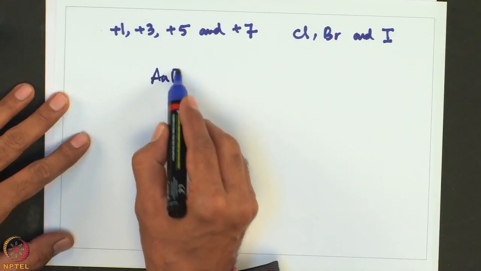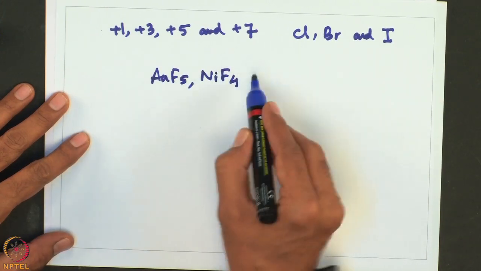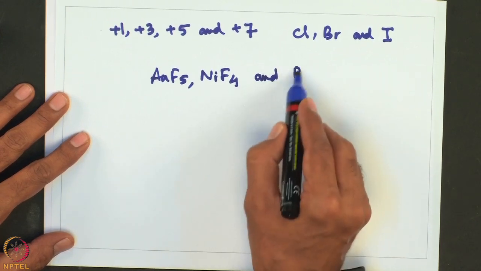Compounds in the highest oxidation states generally contain electronegative elements such as oxygen and fluorine, for example, IF7 or IO4 minus. Fluorine, with its small size and high electronegativity coupled with the weakness of the F-F bond, is able to stabilize the very highest oxidation states of elements such as AuF5, NiF4 and PtF6.